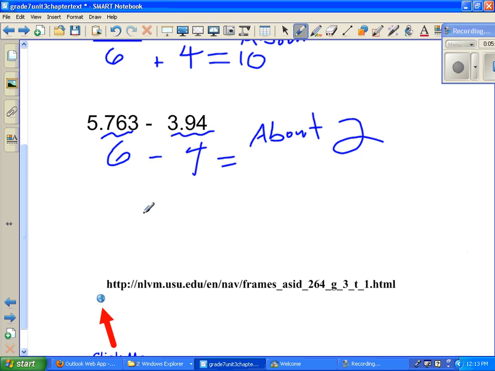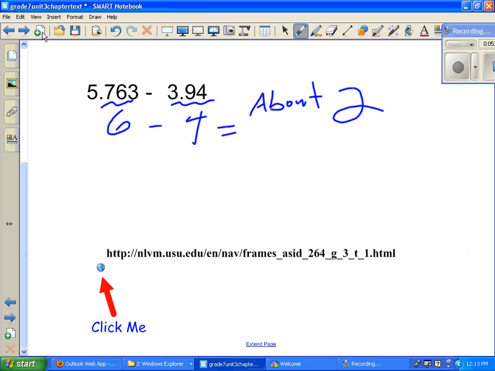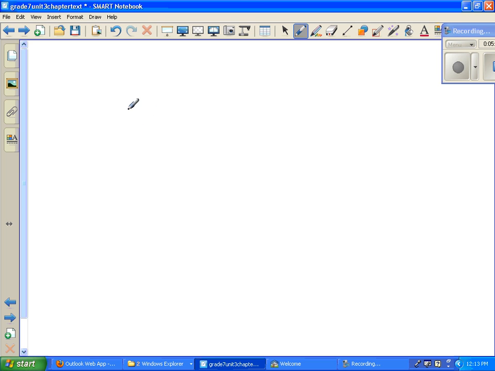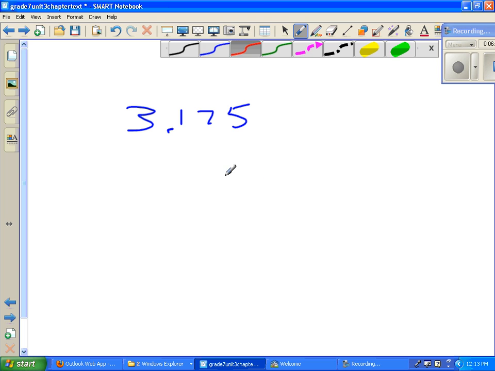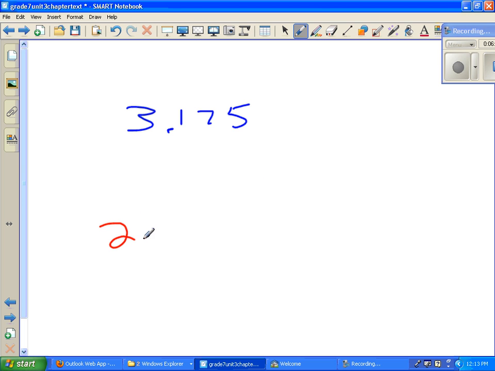I'm going to do an example. If I were to take a number 3.175 and I would like to add that to 2.01. First step is first. Line up the decimal places with each other and make sure each number is in line right after the decimal place.